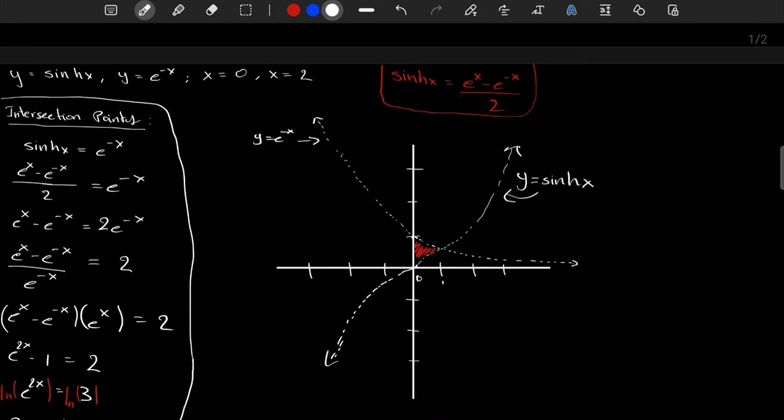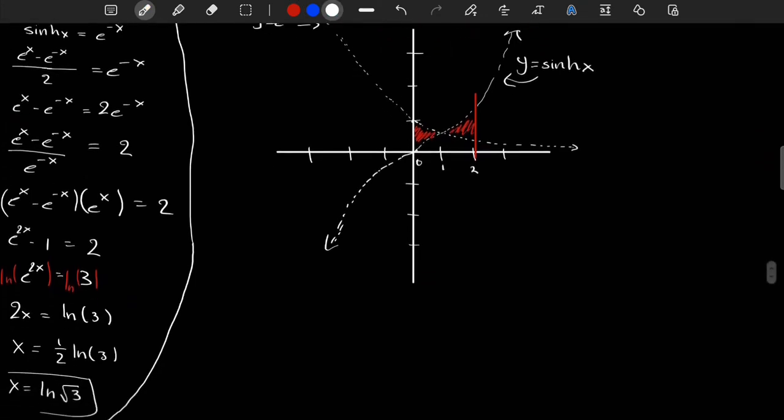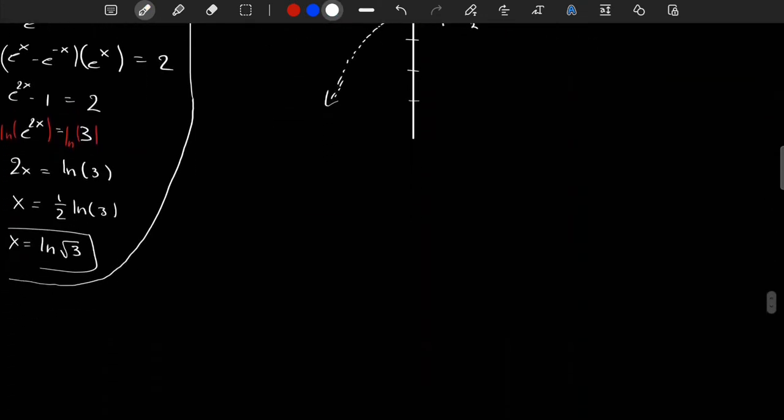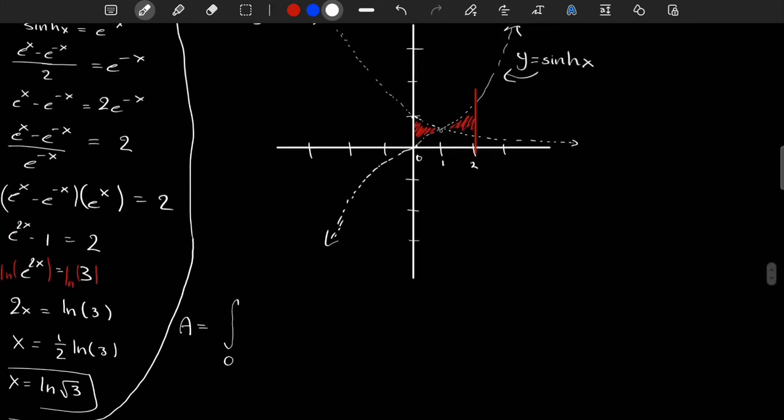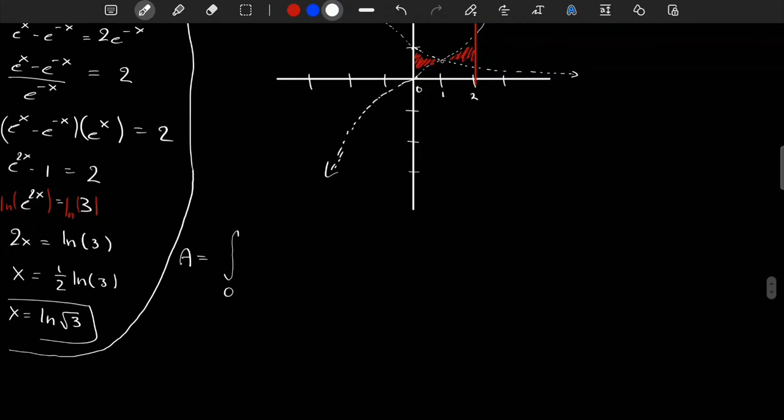Remember, this is 0, 1, and 2. So we're going to be integrating that area from 0 to the intersection point. Recall this is the intersection point.